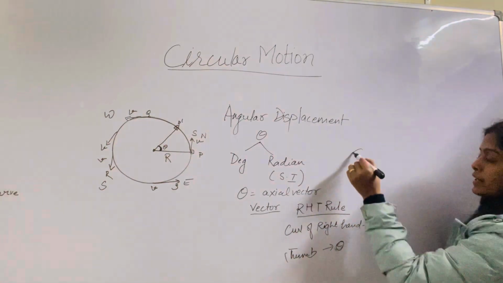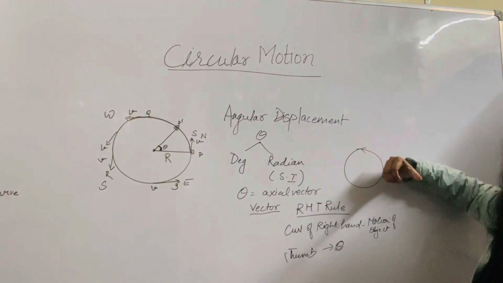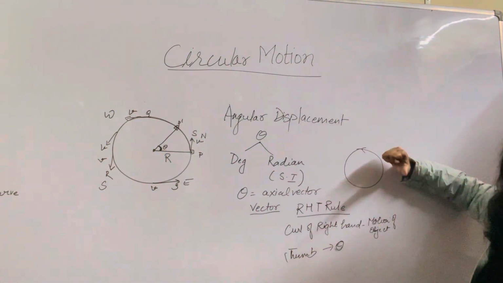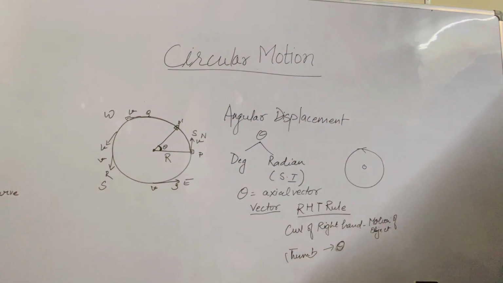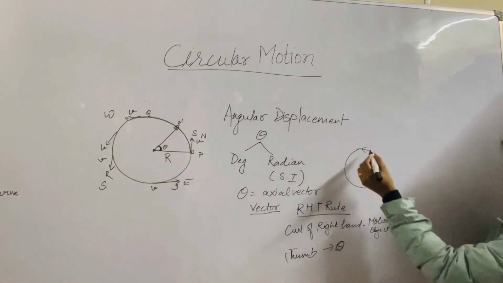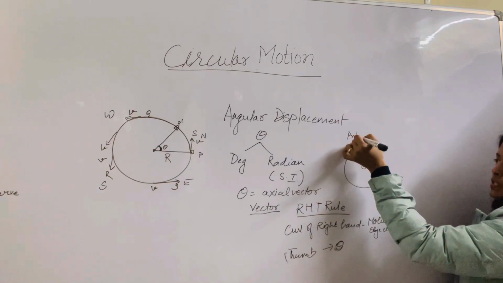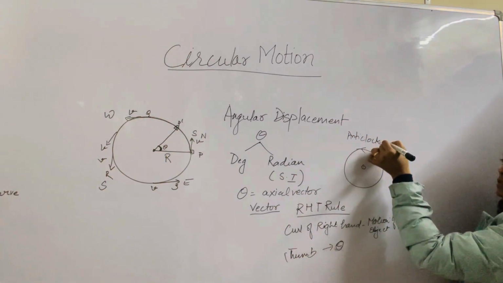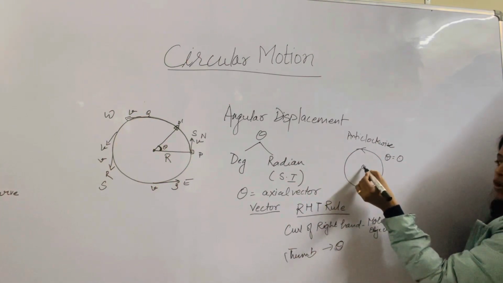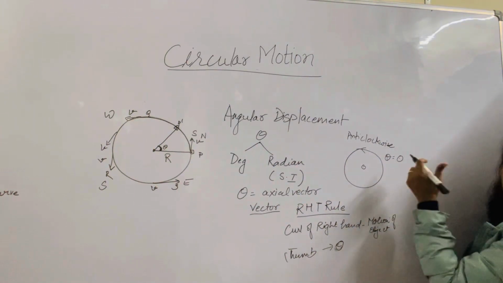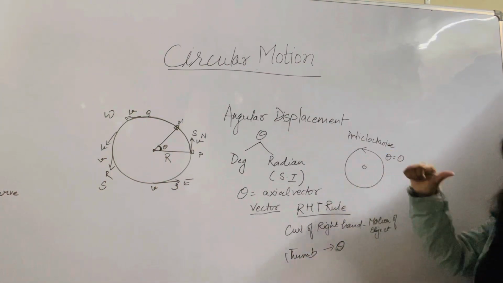Suppose an object is moving in anti-clockwise direction in a circular motion, the thumb will indicate the direction of theta because it's an axial vector. In this particular case, the object is moving anti-clockwise, so theta is denoted by a dot. This dot in a circle is the symbol for outward direction. That means the direction of theta is outward.